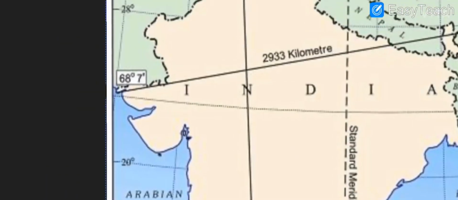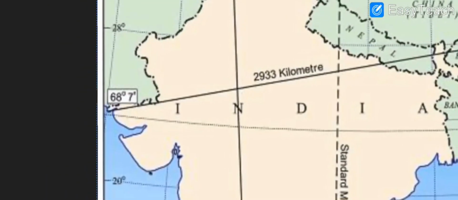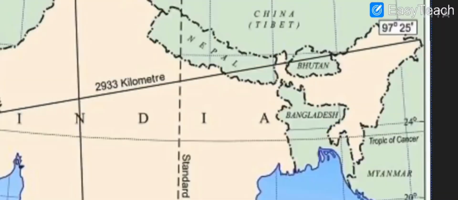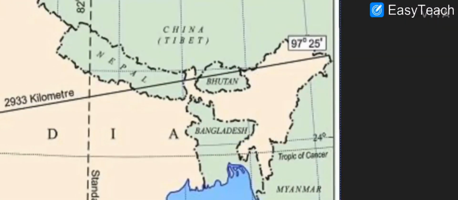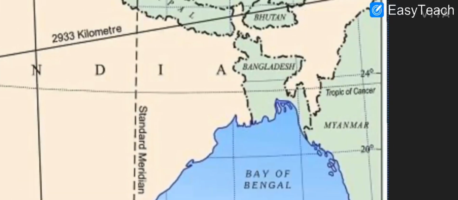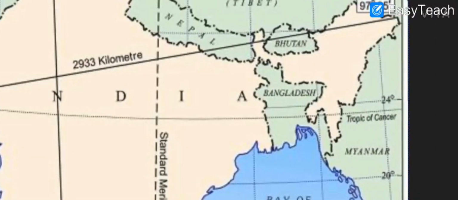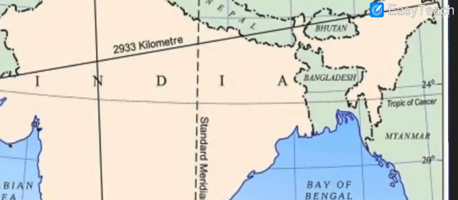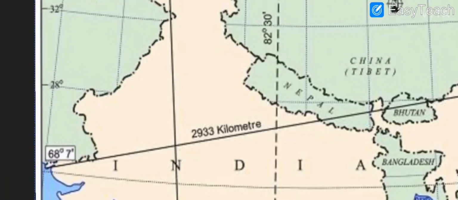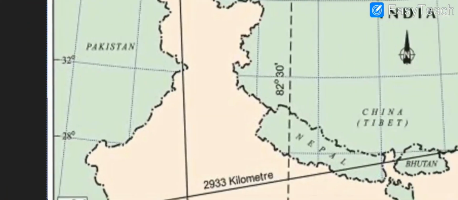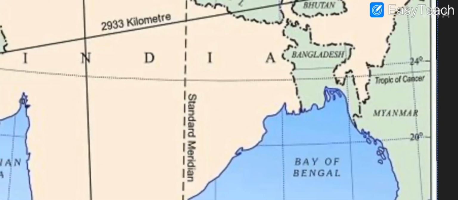You can also see the coordinates from east 68 degree 7 minutes to 97 degree 25 minutes. Extremely important. The coordinates can easily form 1 markers in your exams. You can see the Tropic of Cancer dividing India into two, approximately equal parts. You can also see the neighboring countries here: China, Pakistan, Bhutan, Bangladesh, Myanmar. You will also have questions on neighboring countries.